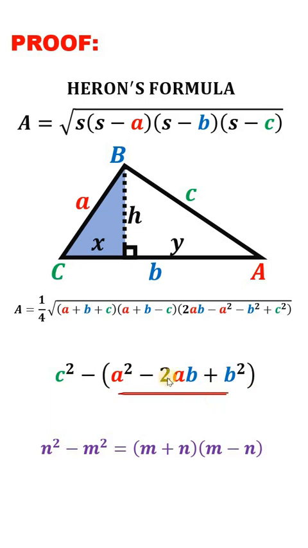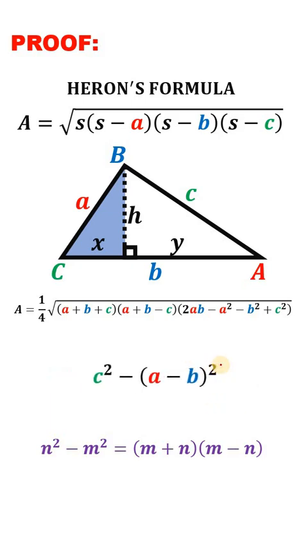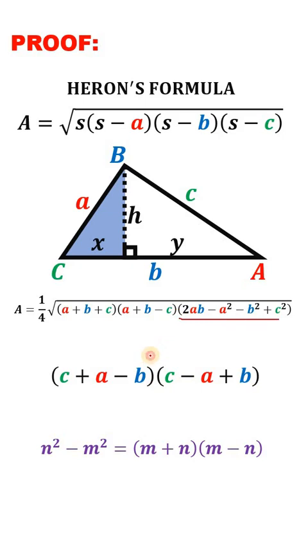And we can factor this out as a minus b raised to the power of 2. Again, a square number minus a square number. So we can use the difference of two squares. And if we factor this out, we get c plus a minus b multiplied by c minus a plus b. So we can replace this expression with its equivalent.